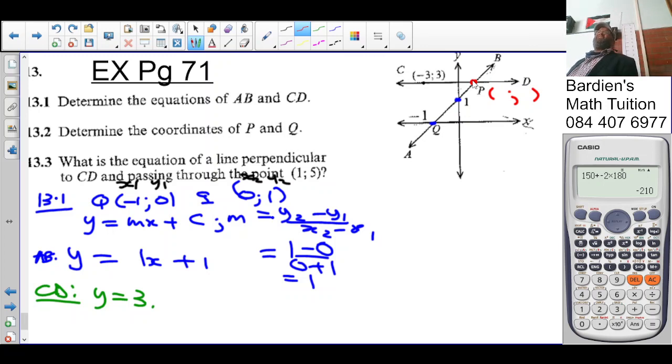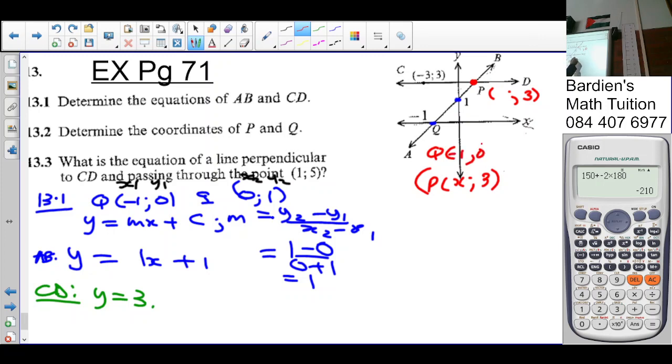Anywhere on the line CD, there's a constant y value of what? 3. So in other words, P is going to be some x value and 3. This is your Q value. Q is going to be (-1, 0). This is now for question 13.2.